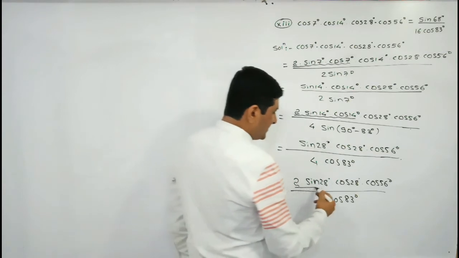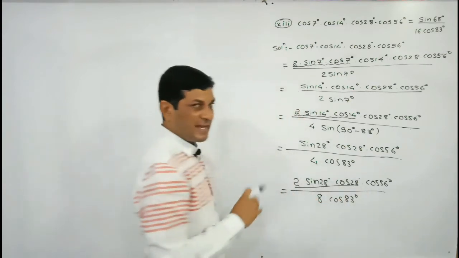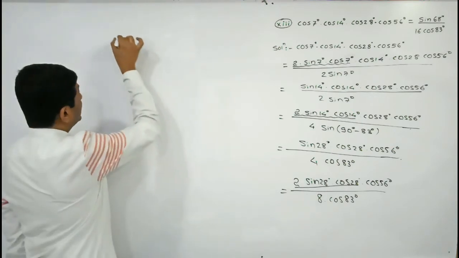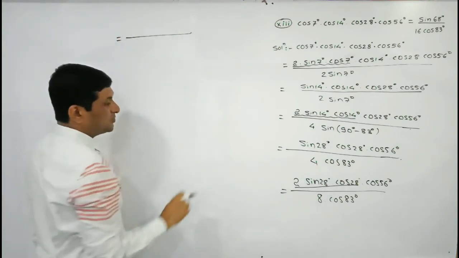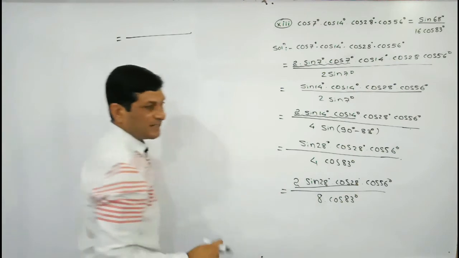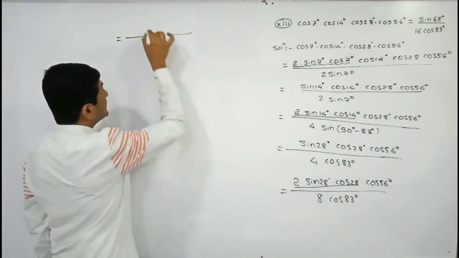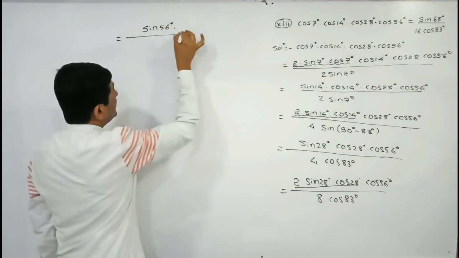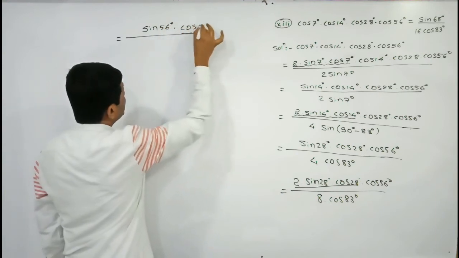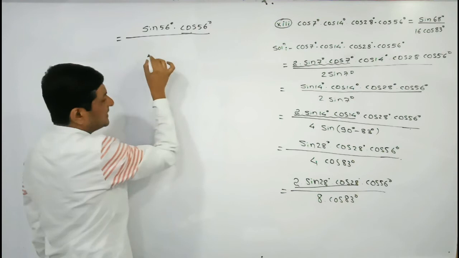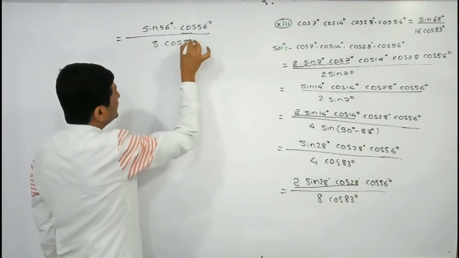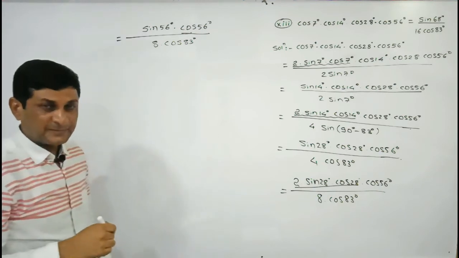Now the value of these 3 terms according to the double angle formula: 2 sine theta into cos theta is sine 2 theta. What is theta here? 28. So its twice is what? 56. Means here we will get sine 56 degrees into cos 56 degrees. Keep it as it is. In the denominator, 8 into cos 83 degrees also as it is.